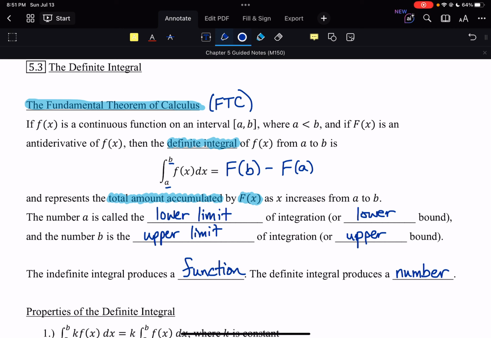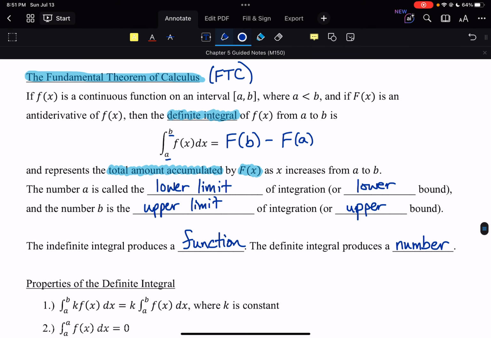The indefinite integral, you're going to have a formula in terms of x with that plus c on the end. The definite integral, you're still taking the antiderivative, but because you're substituting specific numbers into the formula, you are going to get out a number as a final answer. So this is one quick check to make sure that you answered a question properly. If you have an integral with bounds on it, so a definite integral like this, your final answer should be a number.